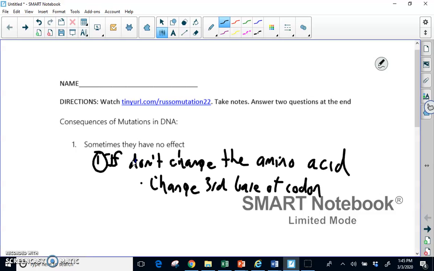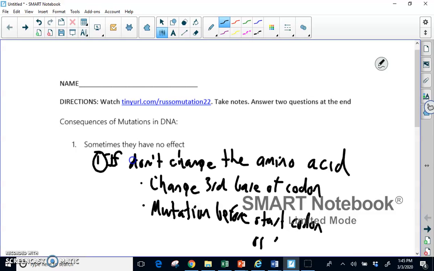It codes for the same amino acid. The second way is if you have a mutation before the start codon or after the stop.